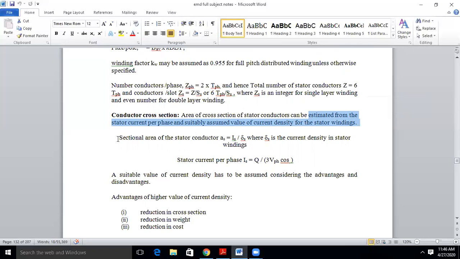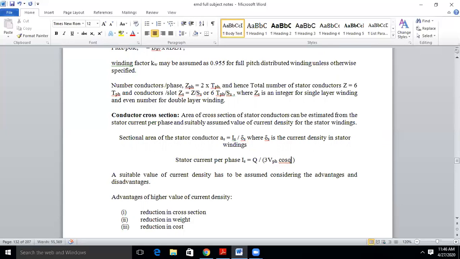From this we can get the section area of the stator conductor as Is divided by delta S, where delta S is the current density in the stator windings. The stator current per phase is Is equal to Q divided by 3 V phase cos phi.